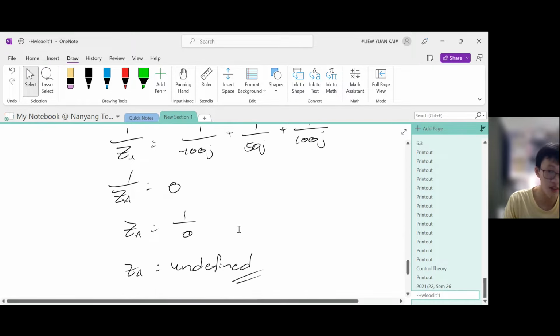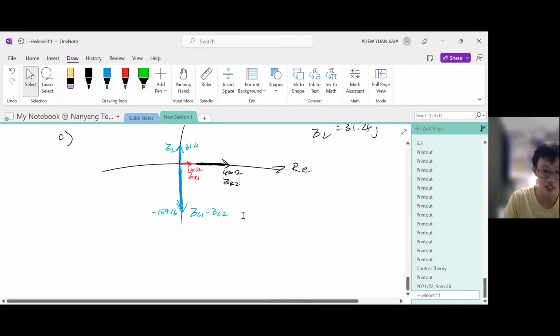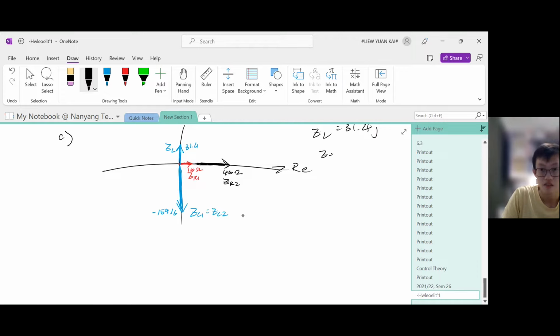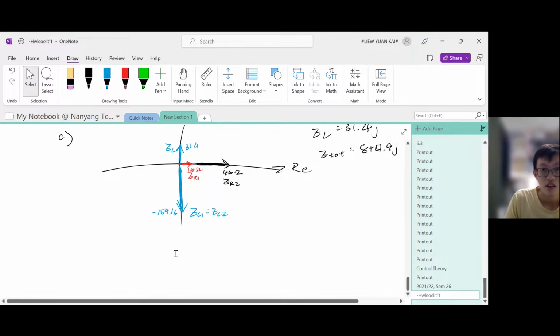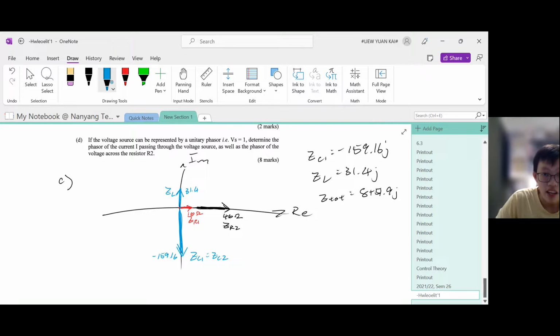So the total impedance that we obtained earlier was what? It says 8 plus 51.9J. Okay, so 8 is somewhere here, and then 51.9 is somewhere up here. So we'll just mark it like that.